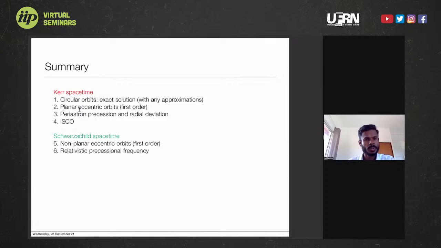And I have developed the planar eccentric orbits up to first order. More interestingly, I found that in addition to the periastron shift, there should be a radial deviation because of the rapid spin of the spinning particle in curved spacetime. And I have given the innermost stable circular orbits up to 0.7 in co-rotation and for all values in counter-rotation.